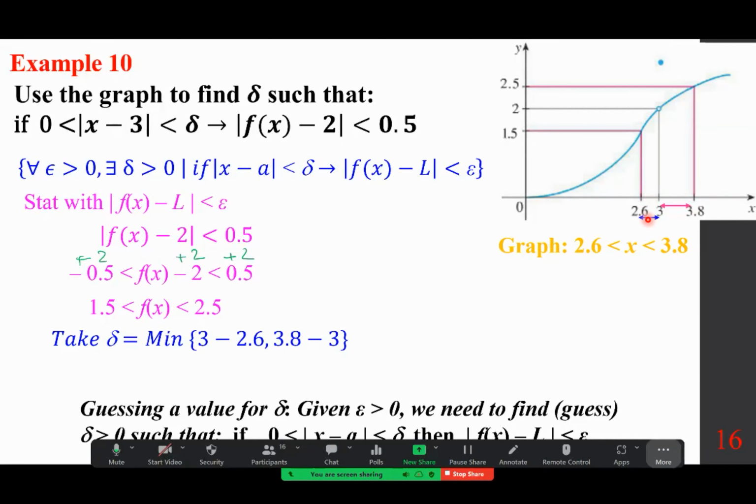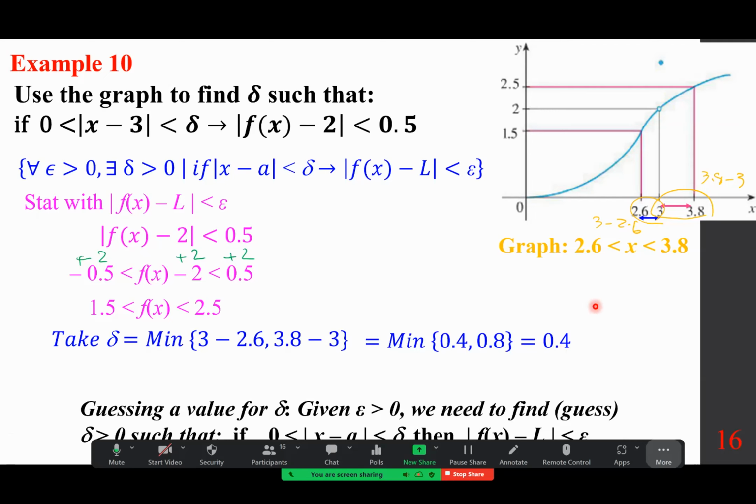Everybody can see that this one is 3 minus 2.6, and this is 3.8 minus 3. So it's between 0.4 and 0.8, and the smaller of the two is 0.4. So we take 0.4 to be the answer.